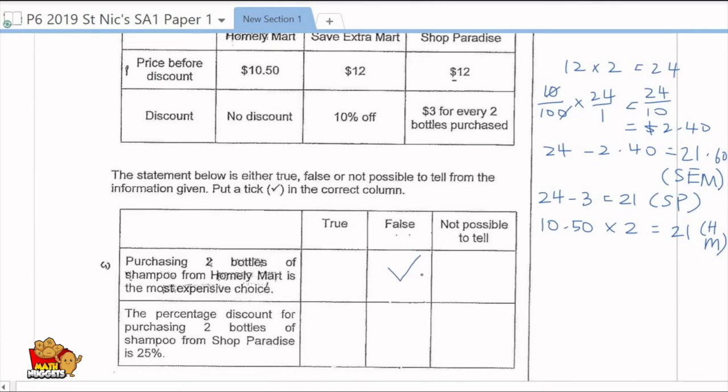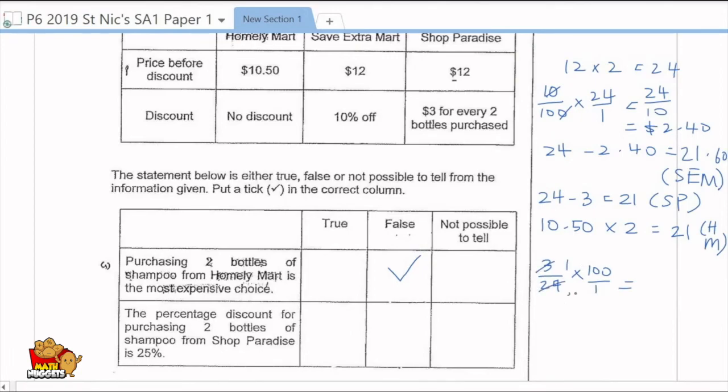Second statement, the percentage discount for purchasing 2 bottles of shampoo from Shop Paradise is 25%. So let's find out the percentage discount. The discount we get is 3. The original price is 24. So for the percentage discount, I'm going to multiply by 100.